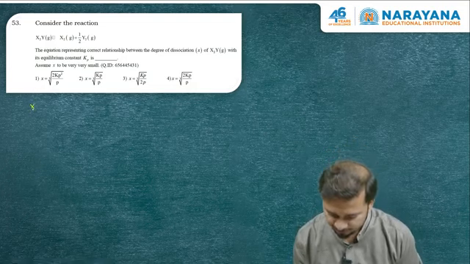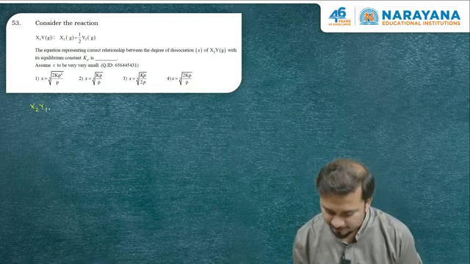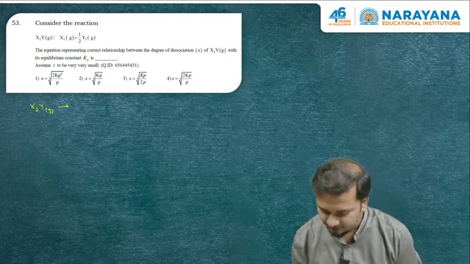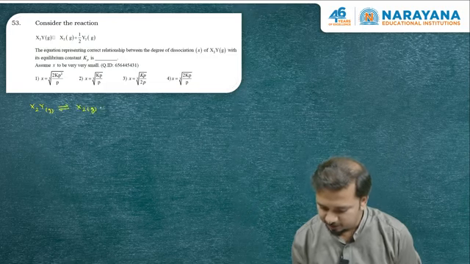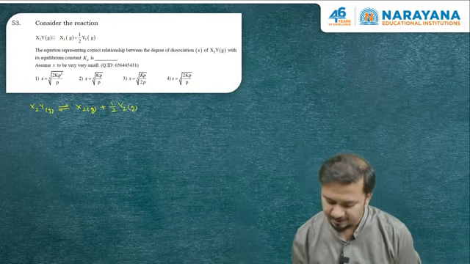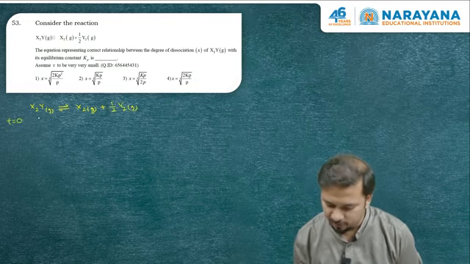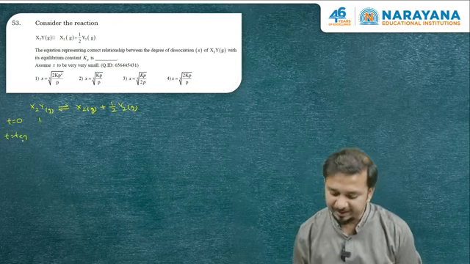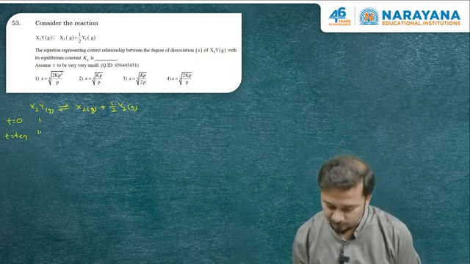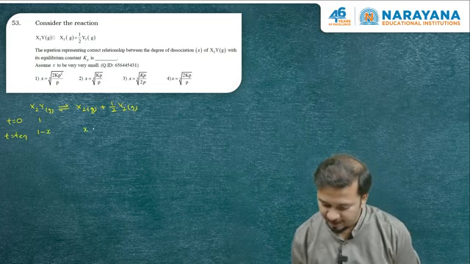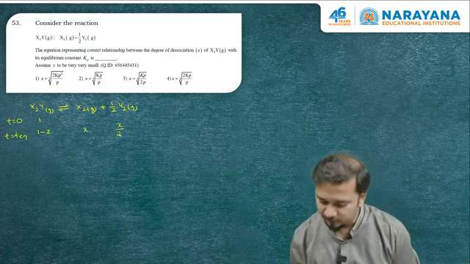So we can write X2Y gas is giving us X2 gas plus half Y2 gas. Let us say at t equal to 0, we have 1 mole. At t equal to t equilibrium, they are saying degree of dissociation is X, so it will be 1 minus X. This will be X, this will be X by 2.